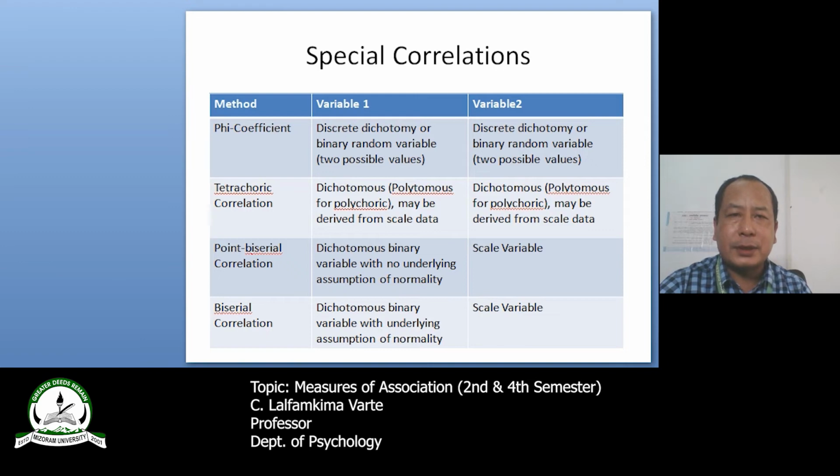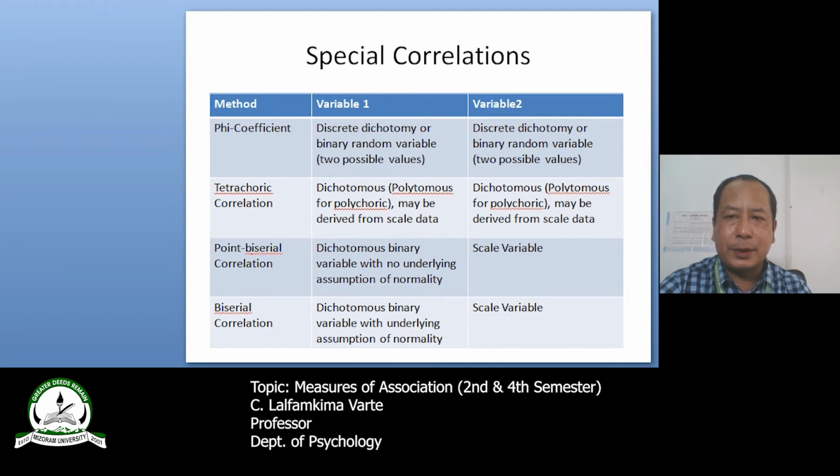Let us look at the special correlation methods that are available. They are referred to as the special correlation methods because they are more or less equivalent to the product moment coefficient of correlation, which is the highest form of correlation we can have within psychological research.